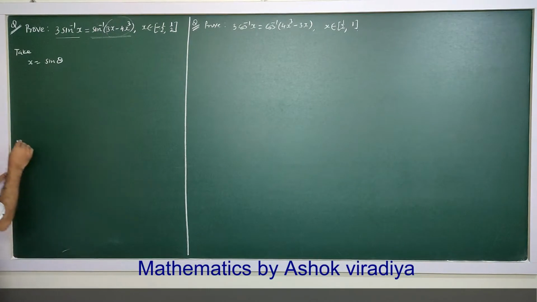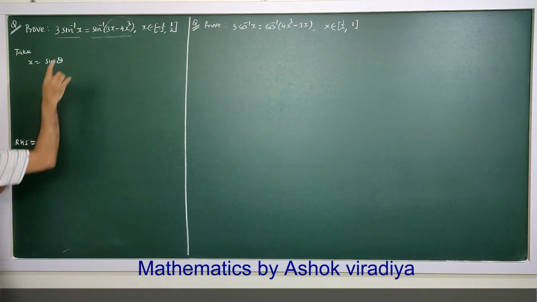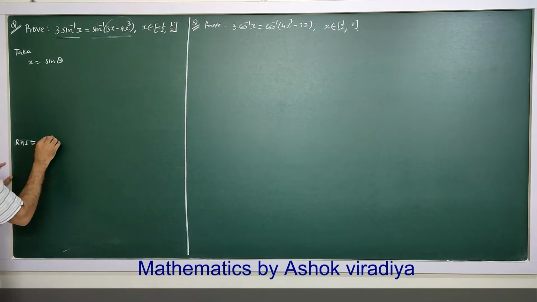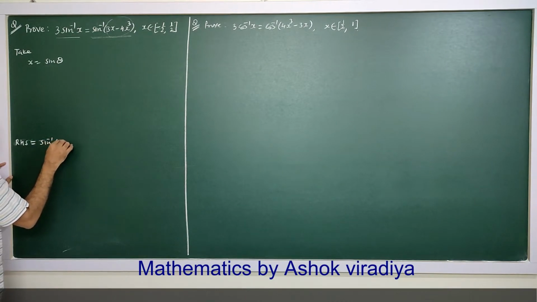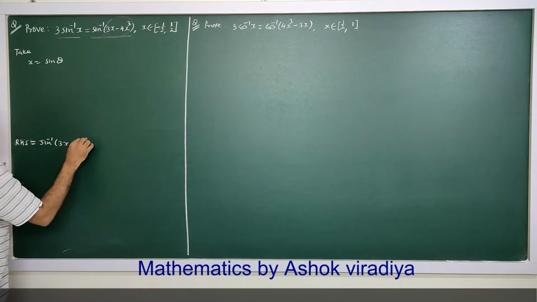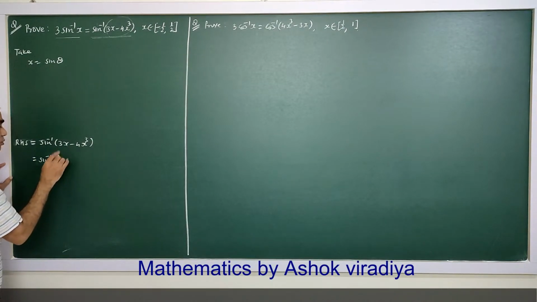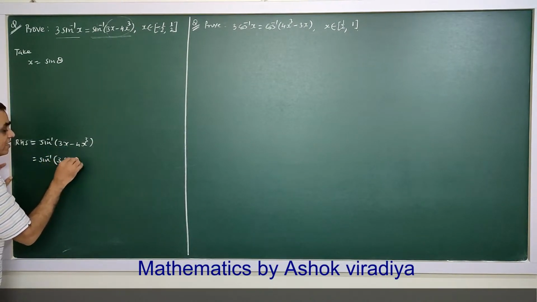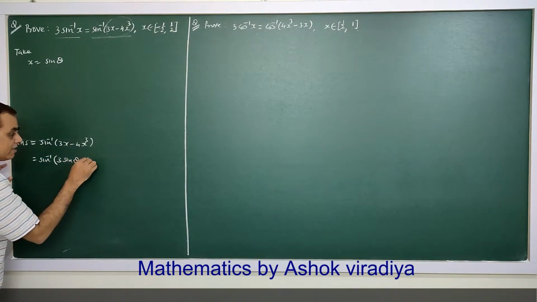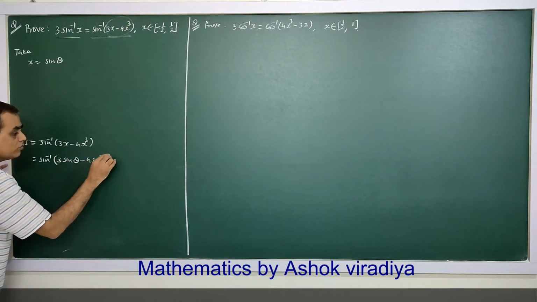Taking x equal to sine theta, the right hand side will be sine inverse of 3x minus 4x cube, and putting x as sine theta, it becomes 3 sine theta minus 4 sine cube theta.